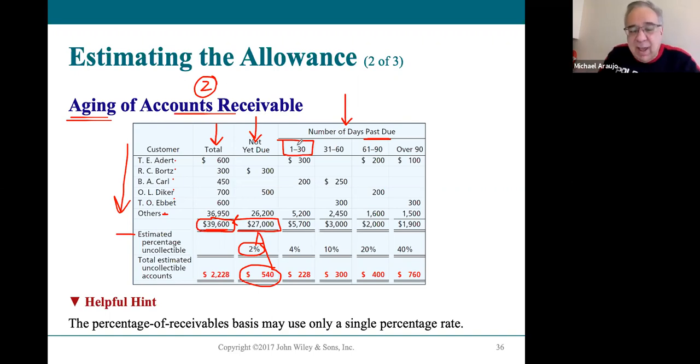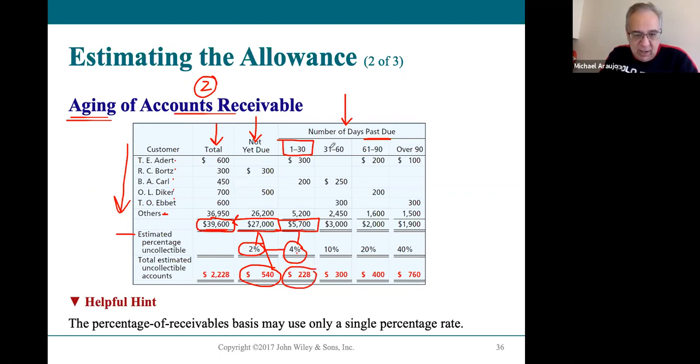No big deal. But still, it's important to keep track of. $5,700 of the $39,700 are late by 1 to 30 days. Well, just because they're late for 1 to 30 days doesn't mean you have to worry too much about it. But you are expecting a bit more of them not to pay you. So you have estimated that now 4% of this money will probably be uncollectible.